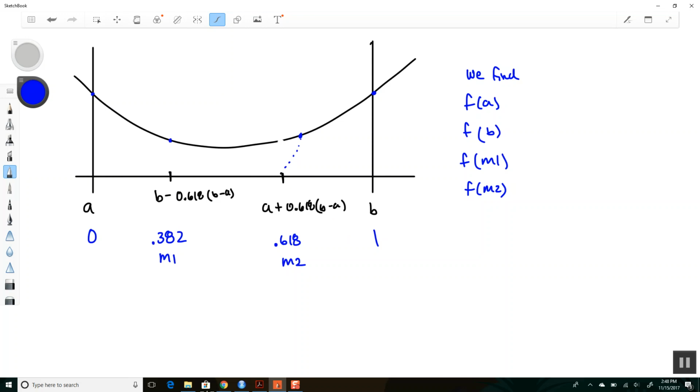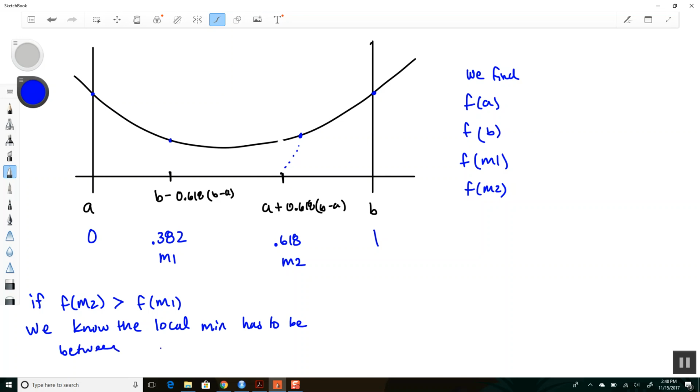And if f of M2 is greater than f of M1, then we know the local min has to be between A and M2.